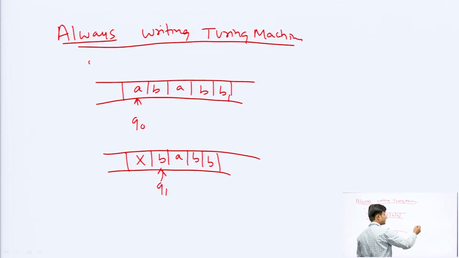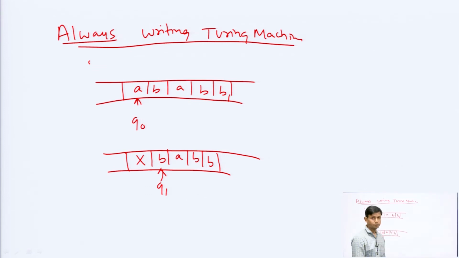But here it is saying that when you read the input, at that time you write and go ahead. Suppose I ask you to do the complement of a binary number.